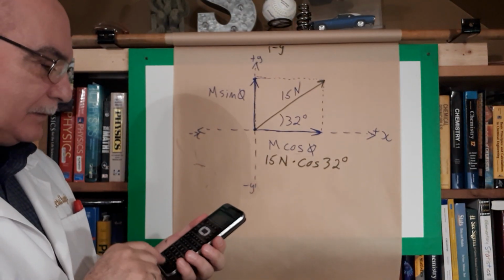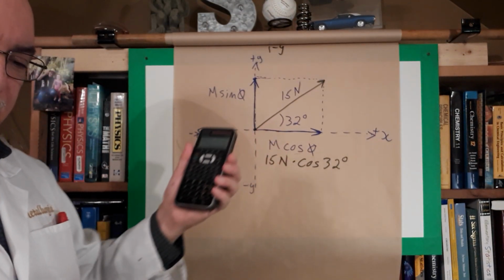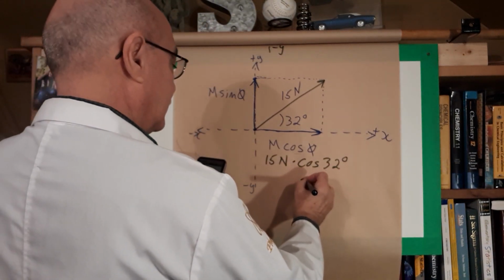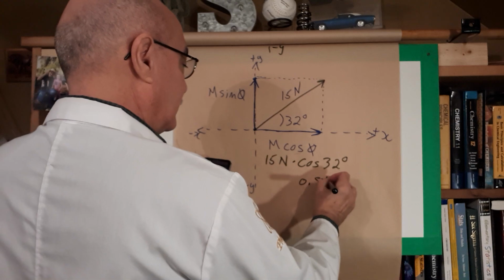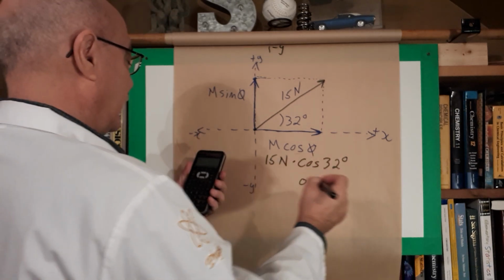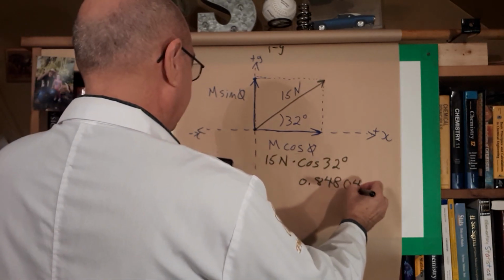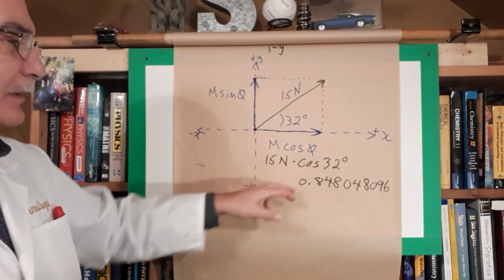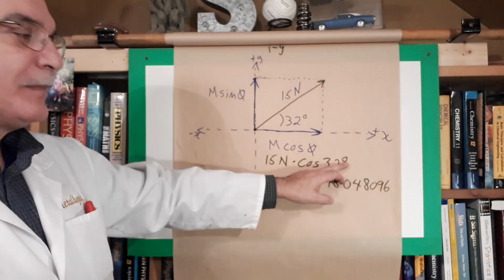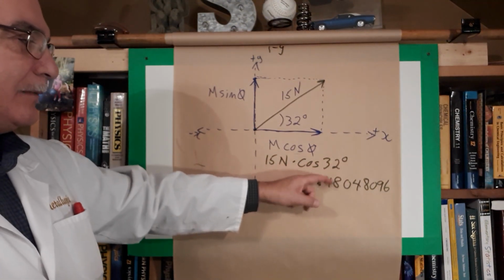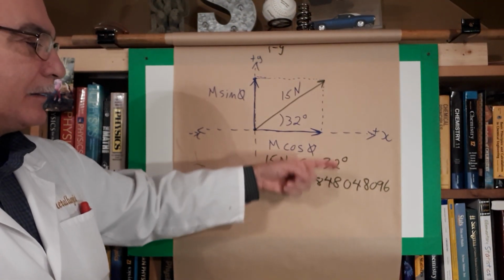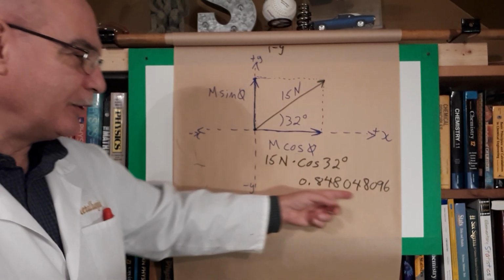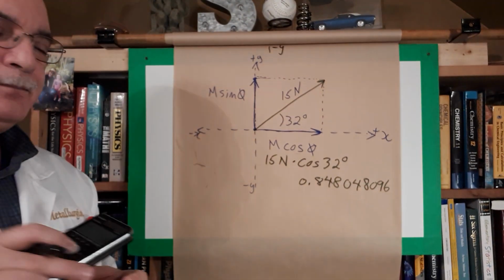Cosine 32 degrees is equal to, and it gives me a number, 0.848804896. Originally, this has a unit. It's called degrees. But once you do take the cosine of a number, 32 degrees, the number that the calculator gives you is a dimensionless number. It has no more units. The degree units drop out.